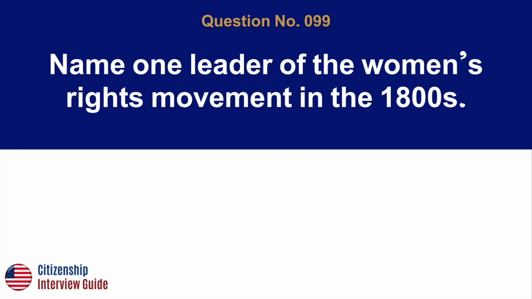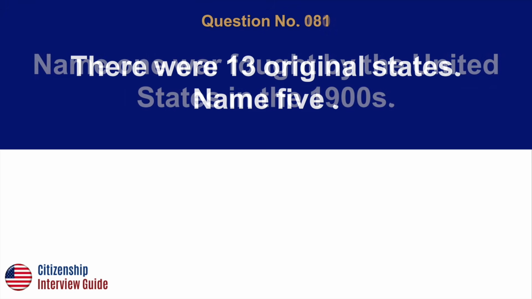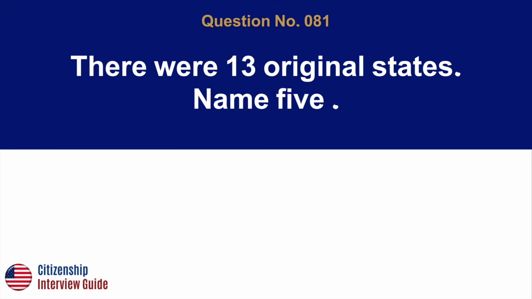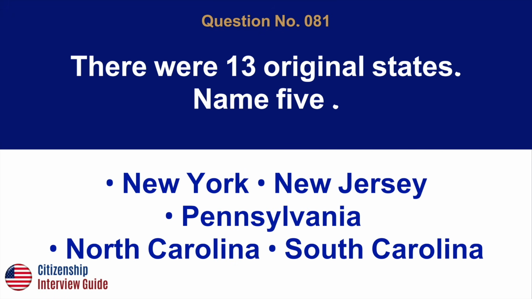Name one leader of the women's rights movement in the 1800s. Susan B. Anthony. There were 13 original states. Name 5. New York, New Jersey, Pennsylvania, North Carolina, South Carolina.